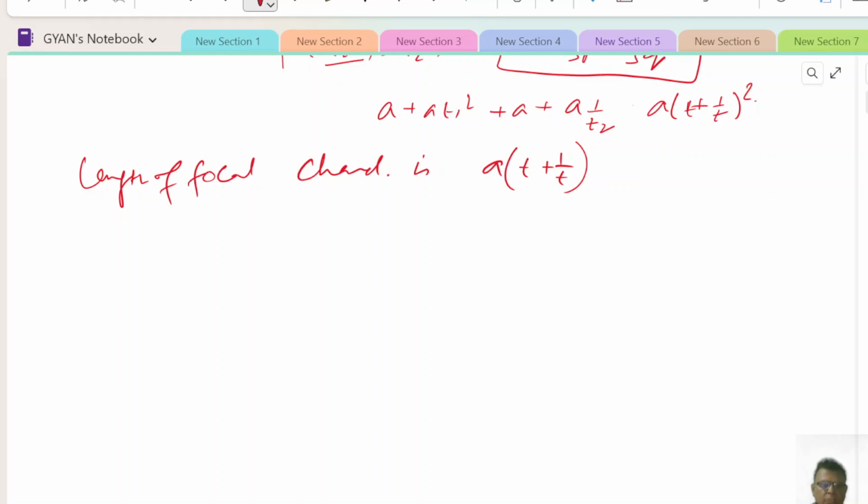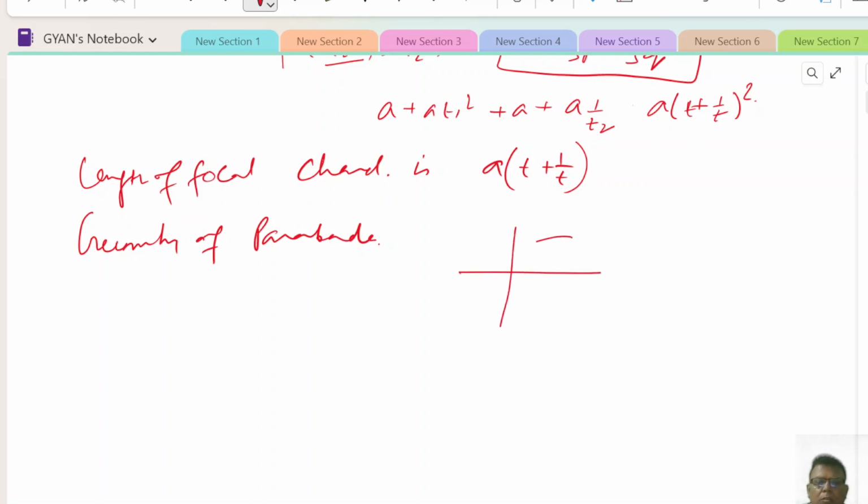Now come to the geometry of parabola. First, the focal chord. Suppose this is a focal chord. Suppose here you make the diameter and you make the circle here. It will touch the vertex line. That's the vertex line, first thing.